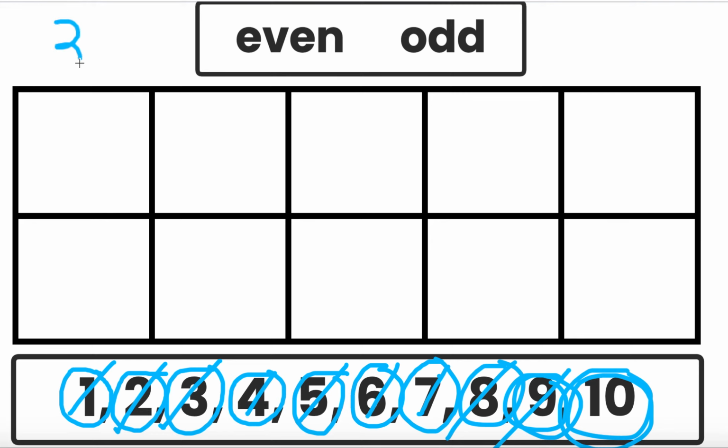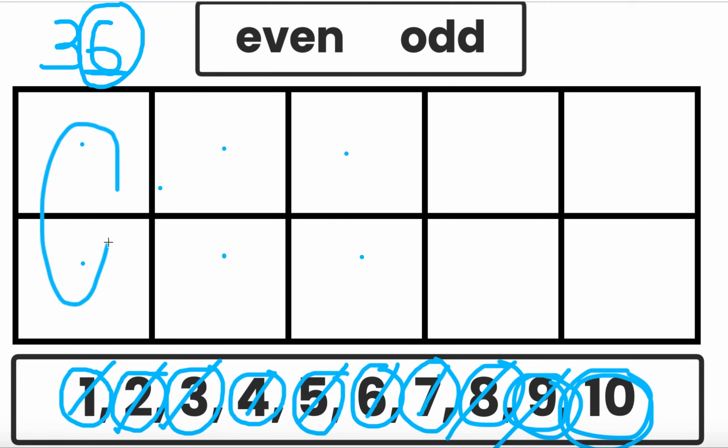So let's do another one. Let's do 36. We look at the last number and figure out if it's even or odd. 1, 2, 3, 4, 5, 6.